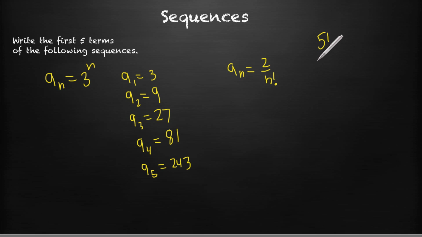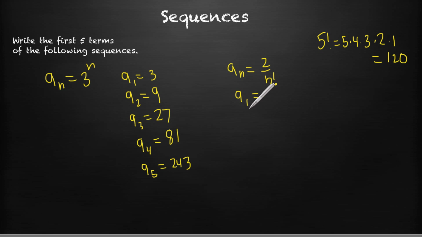So 5 factorial would be 5 times 4 times 3 times 2 times 1, which is equal to 120. If we want to write out the first 5 terms, a sub 1, and 1 factorial is 1. 0 factorial is also defined as 1.